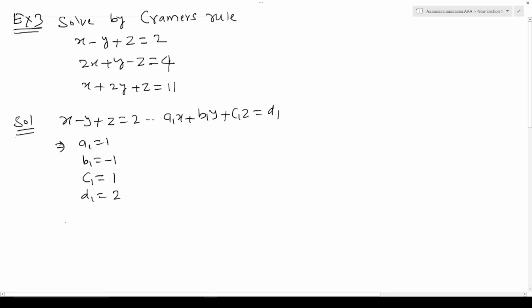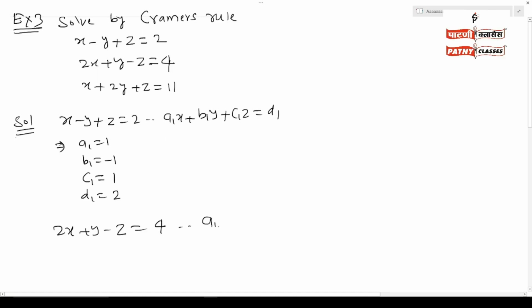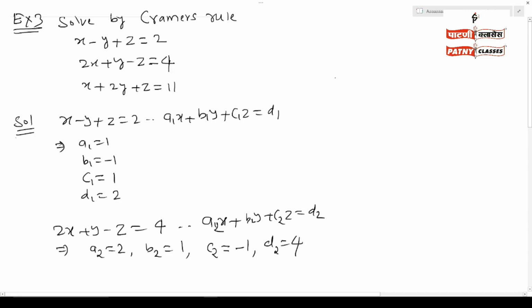After that, we have the second equation, 2x plus y minus z equals 4, comparing with a2x plus b2y plus c2z equals d2, implies a2 equals 2, b2 equals 1, c2 equals minus 1, and d2 equals 4.